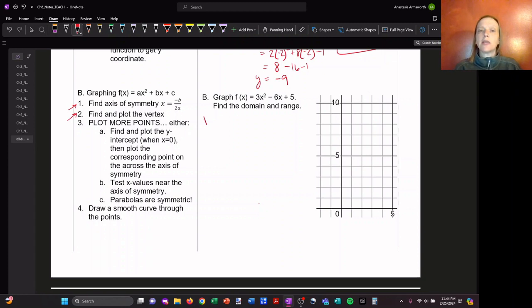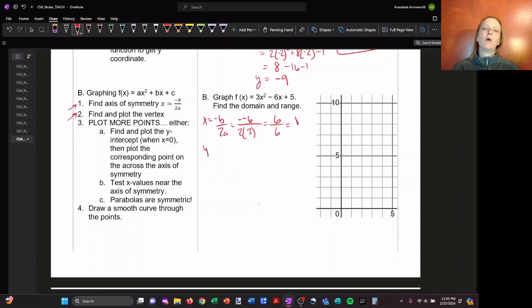So I'm going to say that x equals negative b divided by 2a. So I'm going to have negative 6 divided by 2 times 3. Negative negative is a positive, so I've got positive 6 in the numerator divided by 6 in the denominator. So my x value is 1.